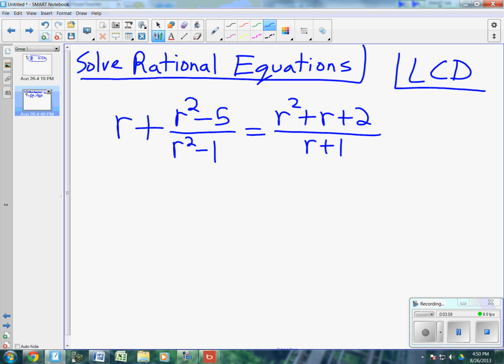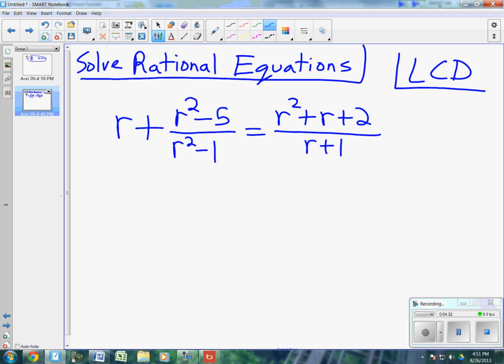The idea of solving a rational equation we found out last time was to find the lowest common denominator, or any common denominator, but it's usually easiest to work with the lowest common denominator, and multiply both sides of the equation by the least common denominator, and it eliminates all the denominators. And so we have an equation that has no denominators anymore, no fractions. And then you guys are back to solving equations you know how to solve.